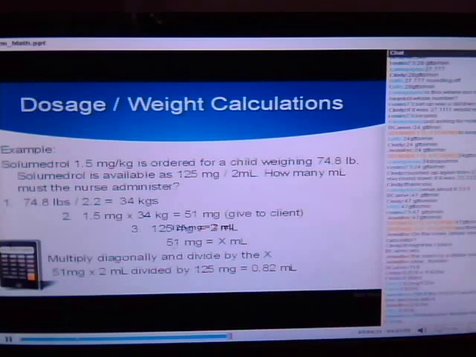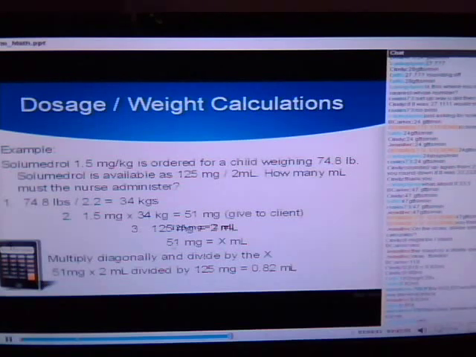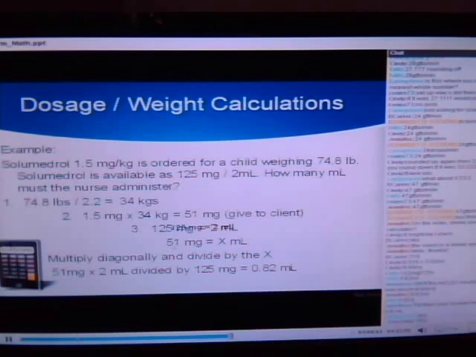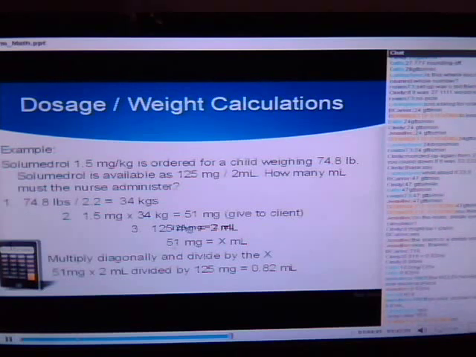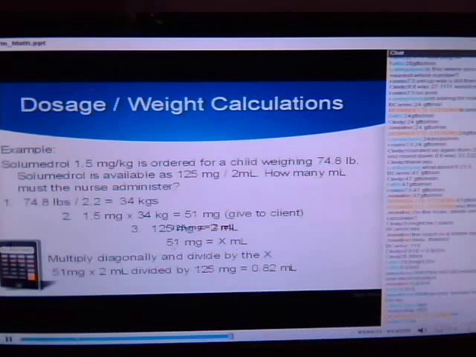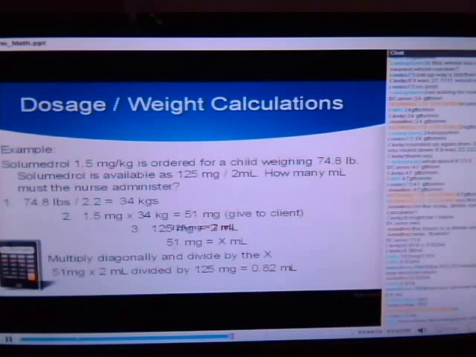Alright, listen. If the NCLEX would have said, write your answer using 1 decimal place, see, if you look on the board, the answer is 0.82. If the NCLEX says that, then your answer would have been 0.8, period.